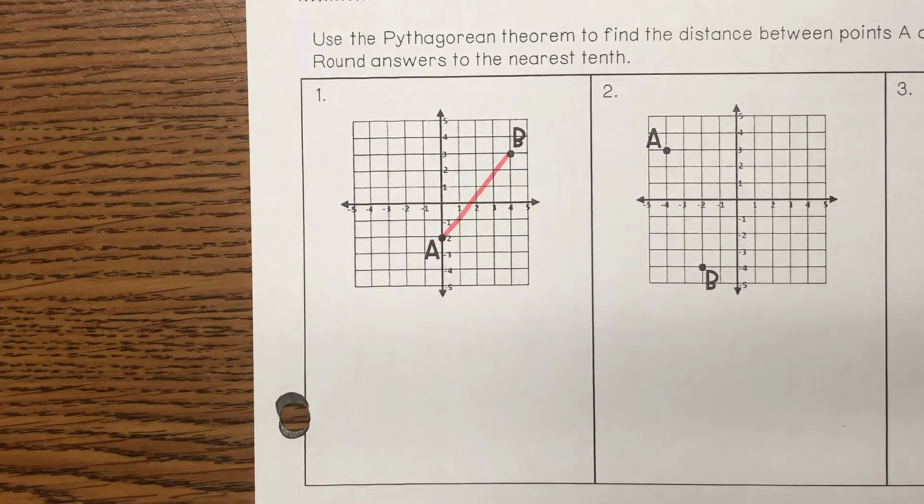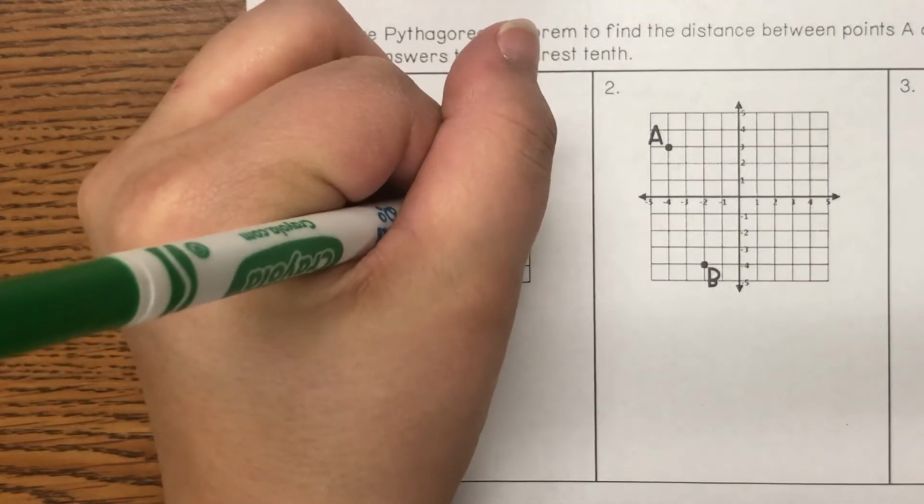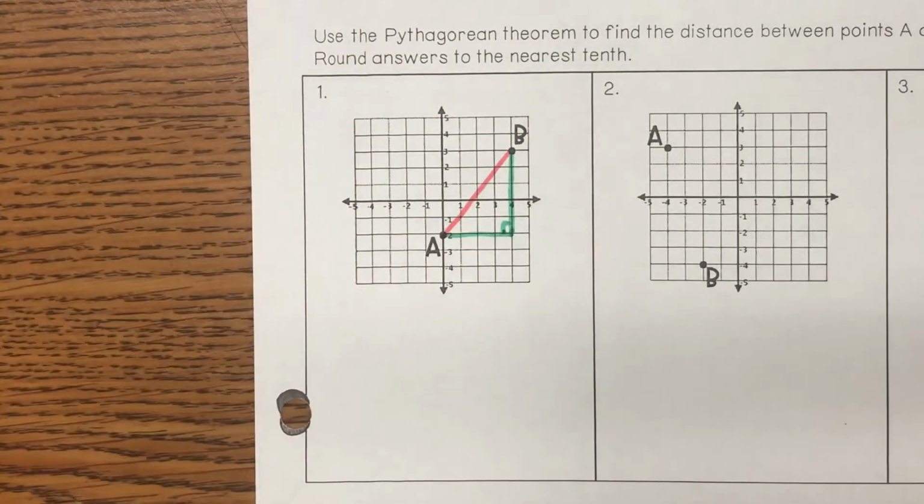So now what I'm going to do is create a right triangle. Okay, I created a right triangle. Here's my 90-degree angle.